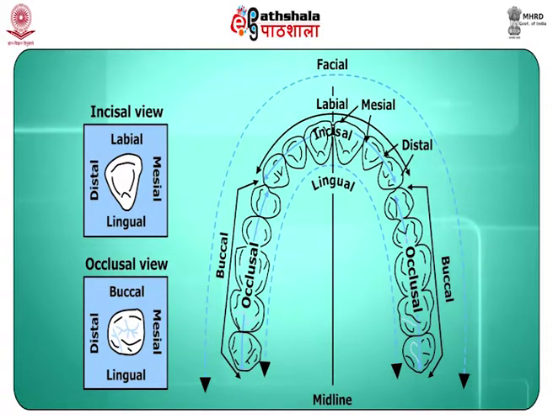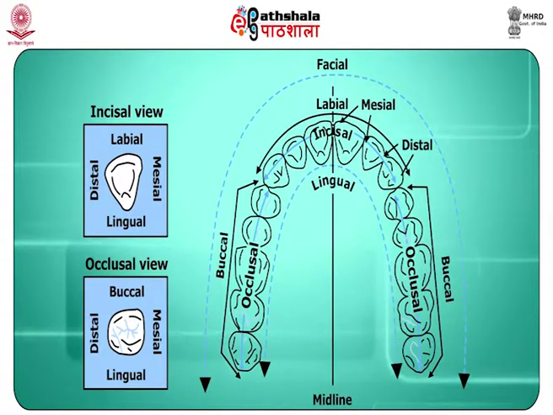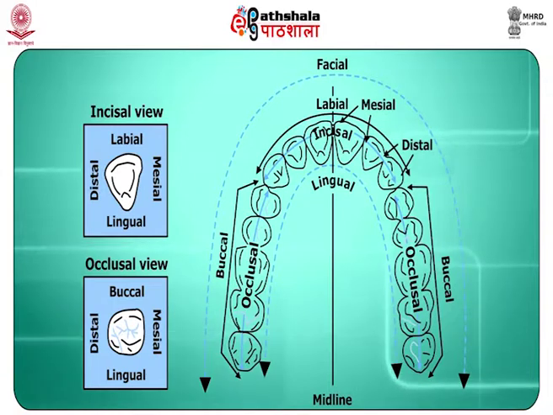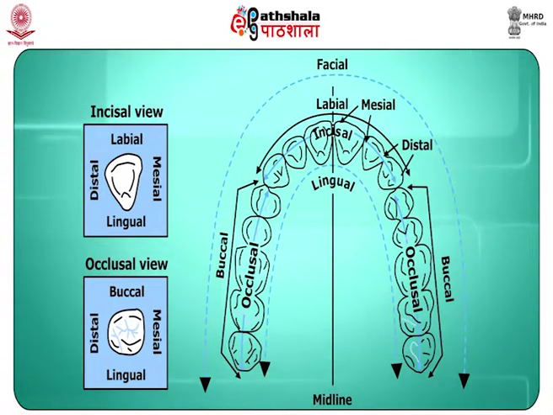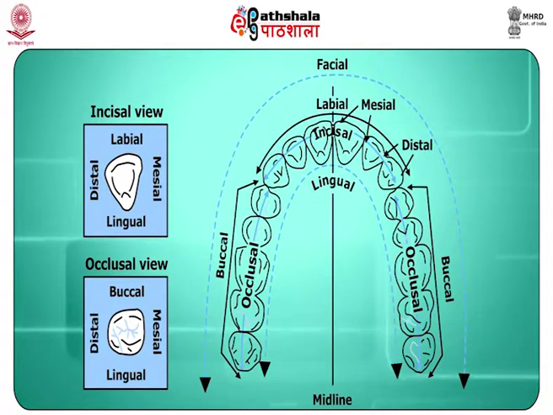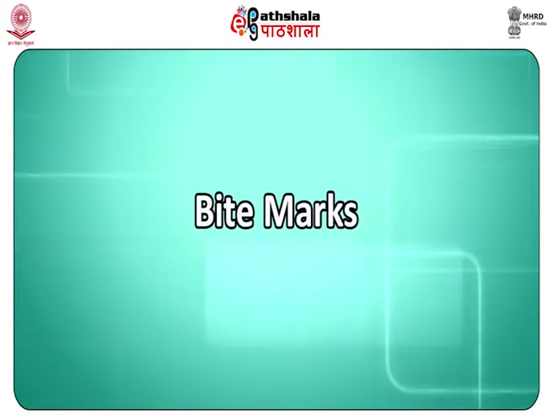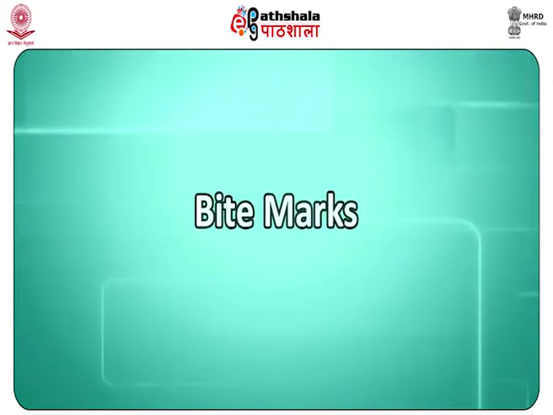The biting surface is called incisal when referring to the front teeth and occlusal when applied to the premolars or molars. The side of the tooth facing the midline is called the medial and the side away from the midline is distal. Now, I'll be talking about bite marks.